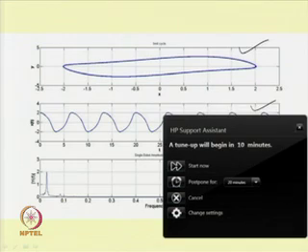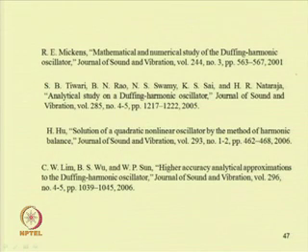the system. To know more about this Duffing equation, one can refer to these papers by R. E. Mickens, Mathematical and Numerical Study of the Duffing Harmonic Oscillator, published in the Journal of Sound and Vibration in 2001, or other papers like Analytical Study on a Duffing Harmonic Oscillator, published in 2005.